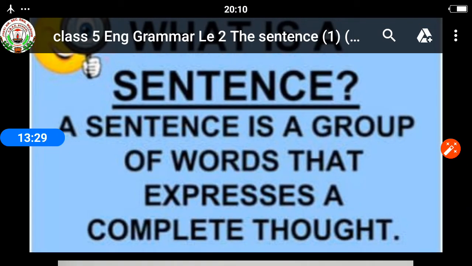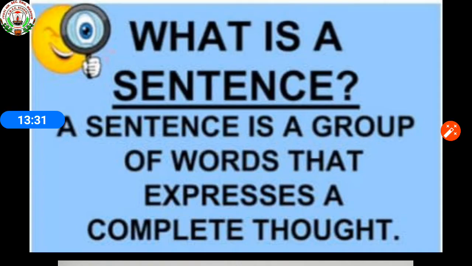A sentence is a group of words that expresses a complete thought. A sentence is a group of words, and a sentence always expresses a complete thought.